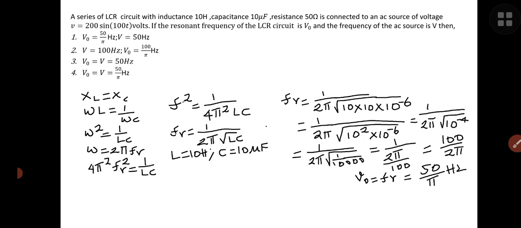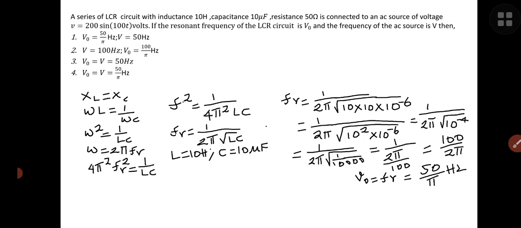If the resonant frequency of the LCR circuit is V0 and the frequency of the AC source is V, then option 1: V0 is equal to 50 by pi hertz, V is equal to 50 hertz.